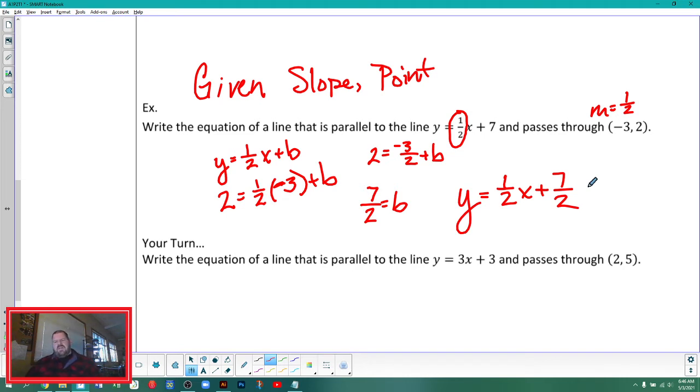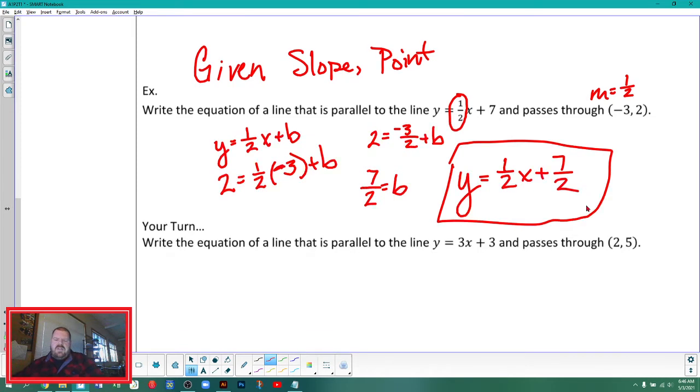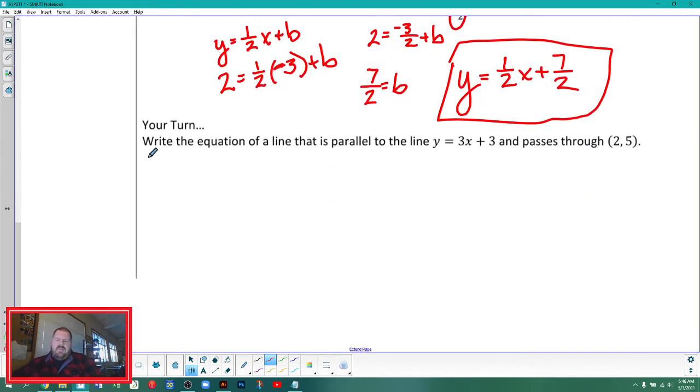Use the same strategy if you want. Hopefully you had a chance to do that. Let's see how you did. Again, I want a line parallel to this one, and the only thing I care about is the slope. It says that the slope is 3.